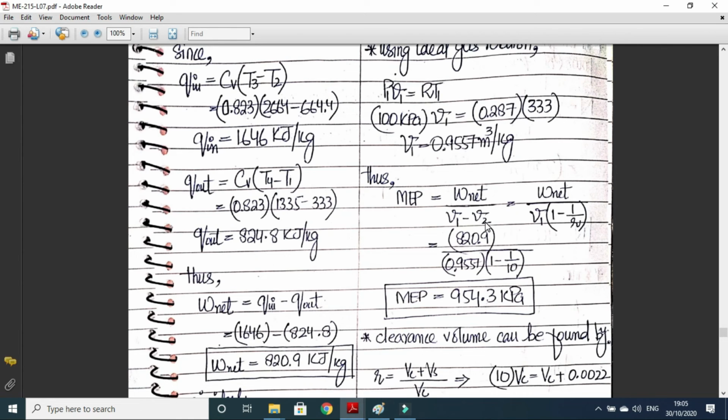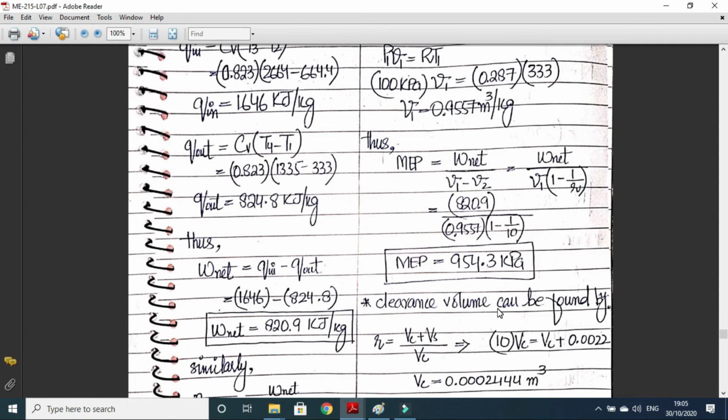V2 is equal to V1 upon r, so we can take V1 common. W net is known, 820.9 kilojoule per kilogram. V1 we just calculated, 0.9557 meter cube per kilogram. r is 10. So mean effective pressure comes out to be 954.3 kilopascal.